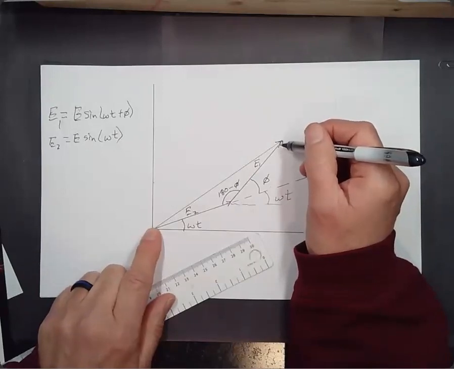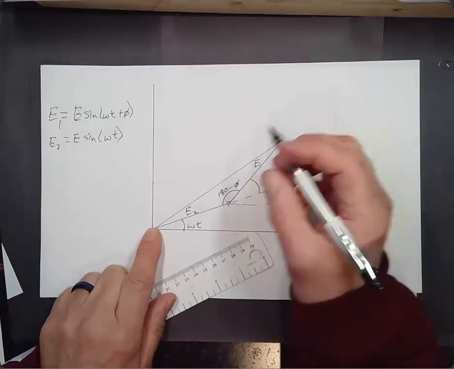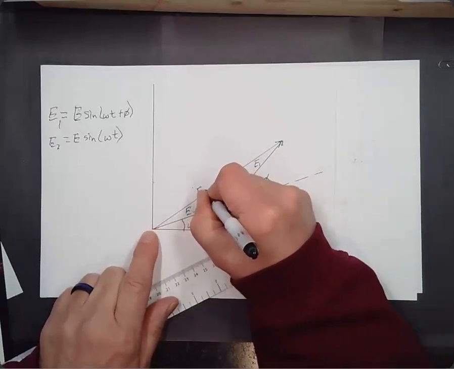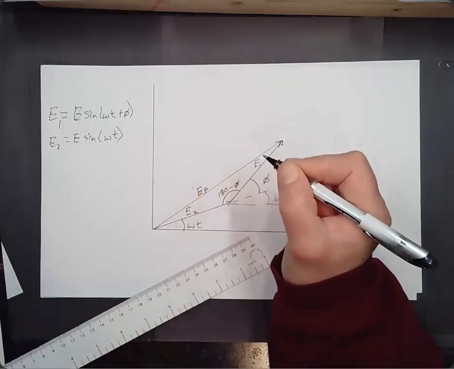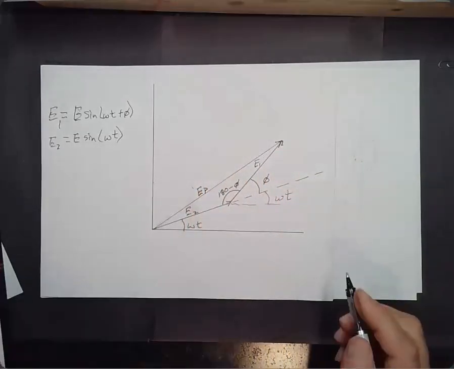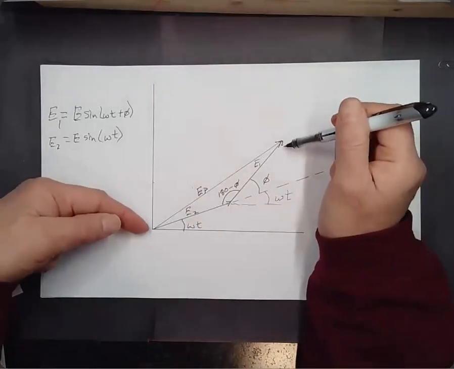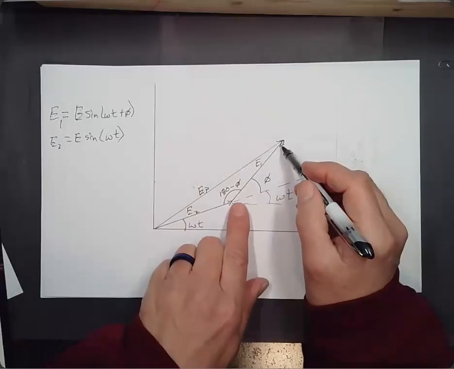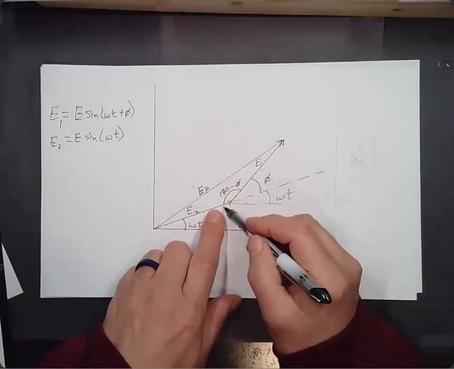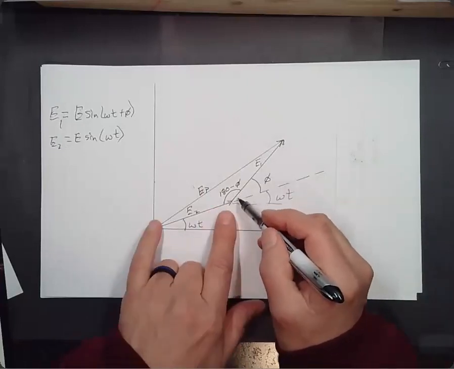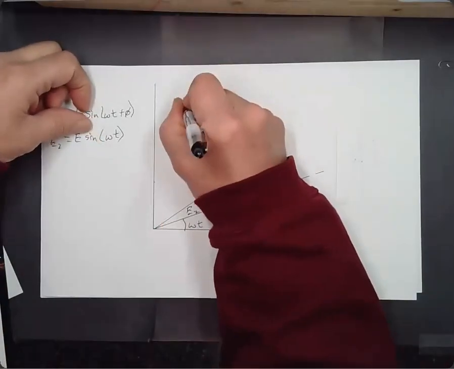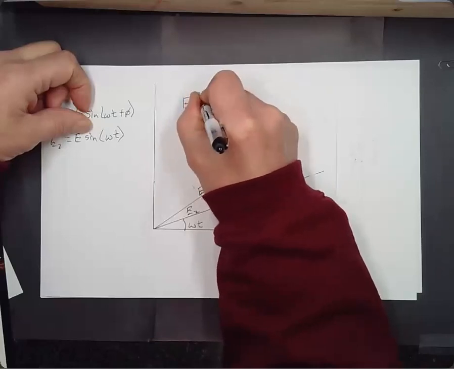I think your book refers to it as E sub p or something like that. So let's go ahead and write that onto there. But guess how I can figure that out? I know this side, I know this side, and presumably I know the angle between those two things. That's the law of cosines.